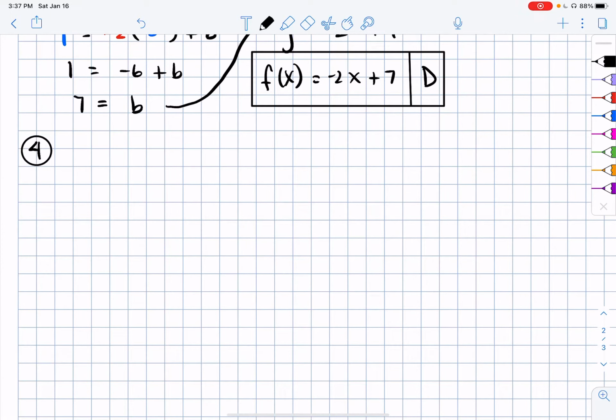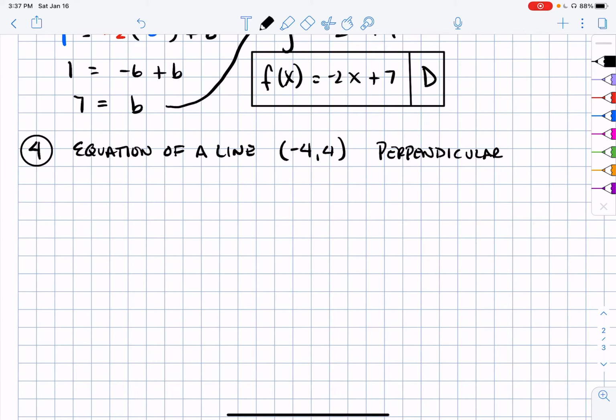4. All right, 4. It wants an equation of a line that goes through the point (-4, 4), but is also perpendicular to x plus 3y equals -3.